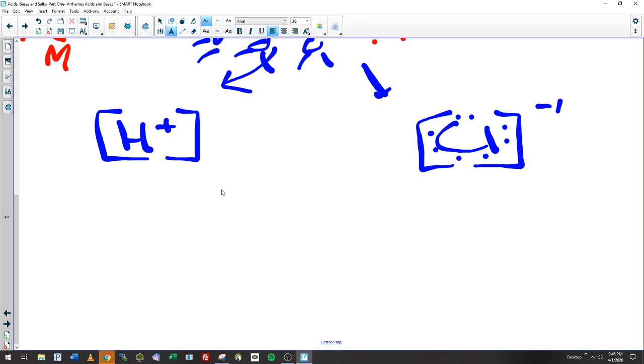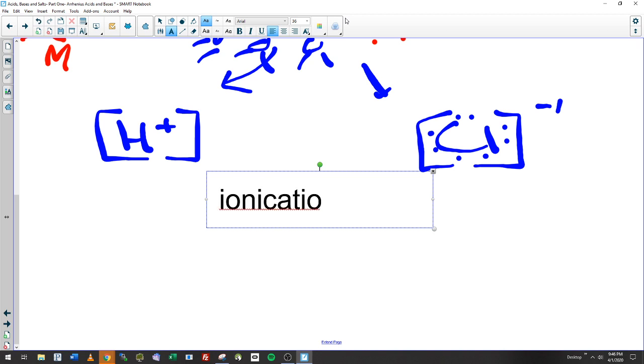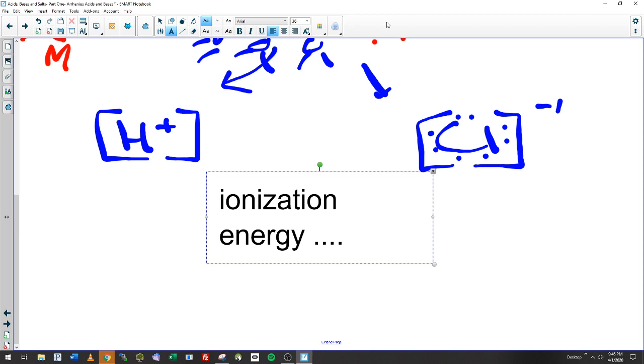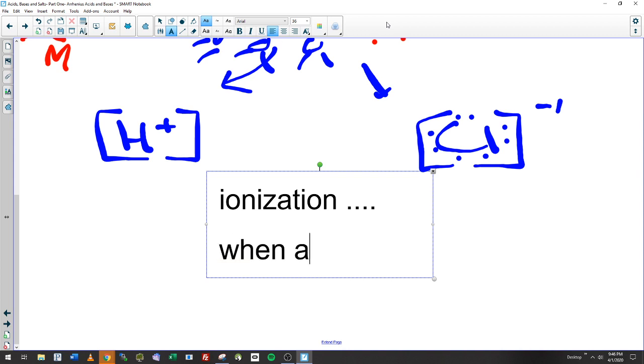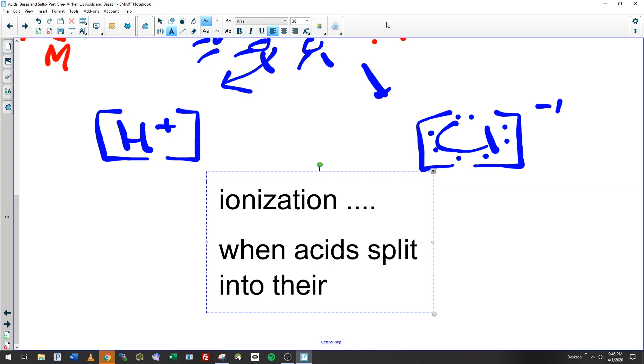Dissociation is not the appropriate term. The appropriate term that we use here is ionization. Ionization, not ionization energy, ionization. Ionization is the process of acids splitting into their ions.